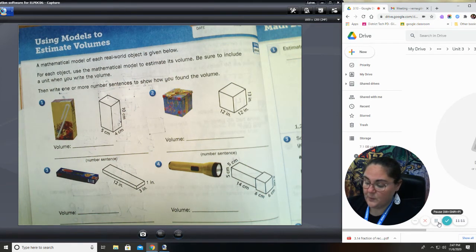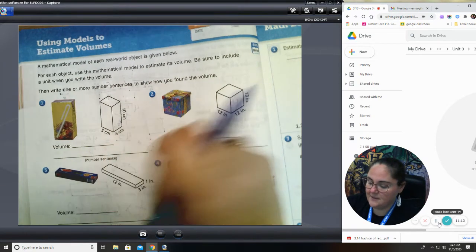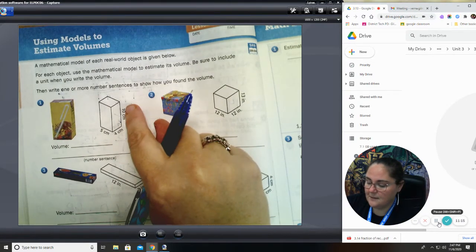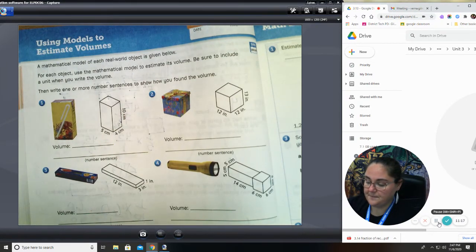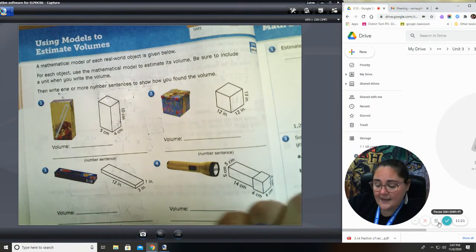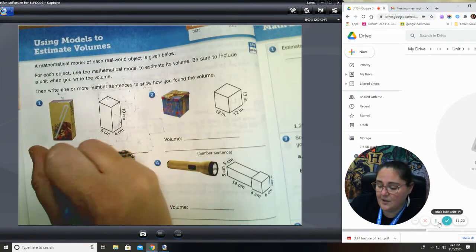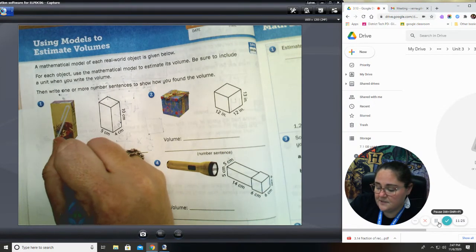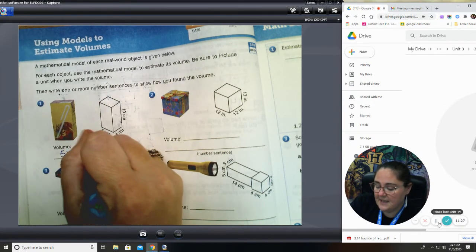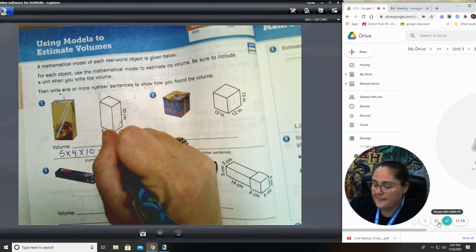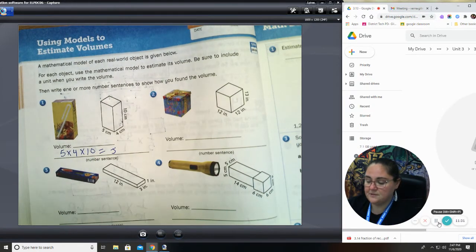Number 1, we have our juice box. 5 centimeters by 4 centimeters by 10 centimeters. All right, here we go. 5 by 4 by 10. I know we do length times width times height, so I'm going to do 5 times 4 times 10 equals J for juice.